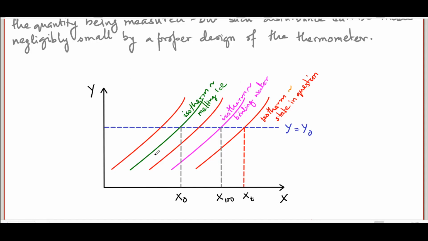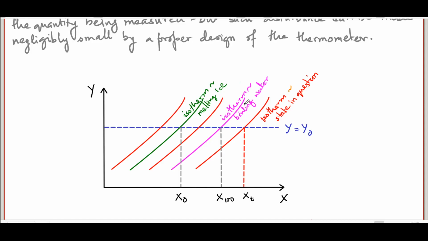Out of all these isotherms, we are focusing on two in particular which are colored differently in the picture. The green one here is the locus of all states of my thermometer, the thermometric system, which would have been in thermal equilibrium had they been brought into contact with melting ice, or more precisely, a state where ice and water coexist.